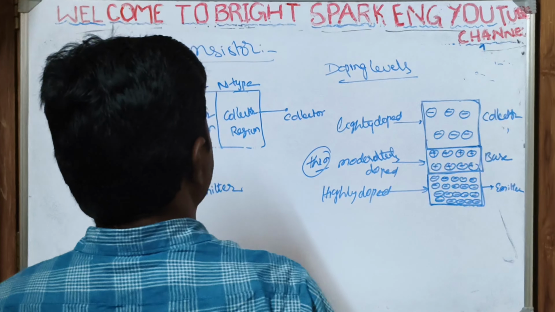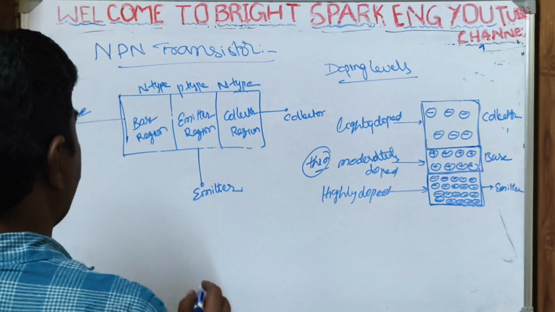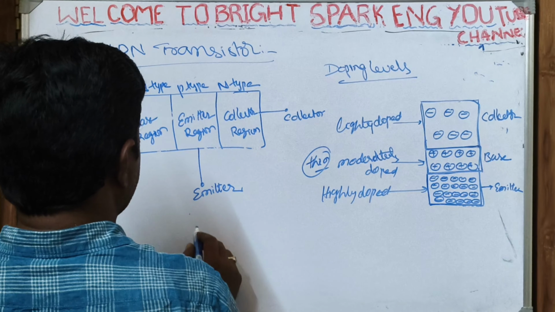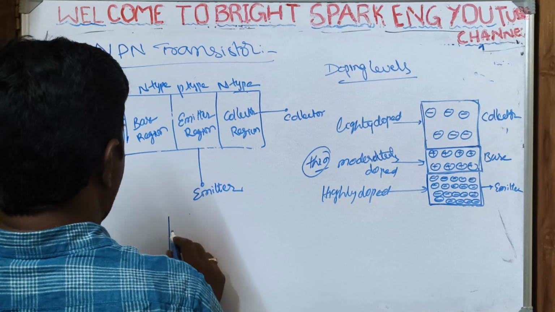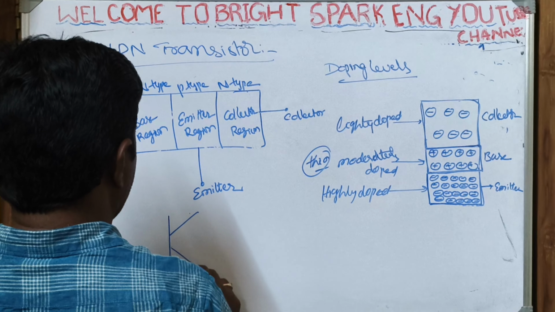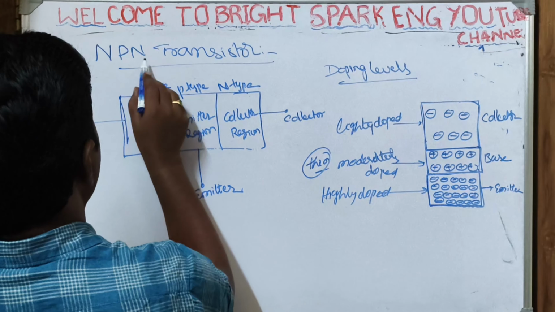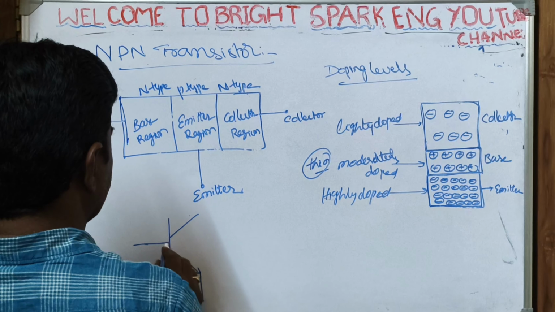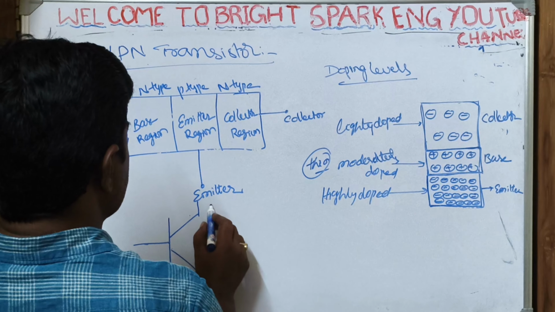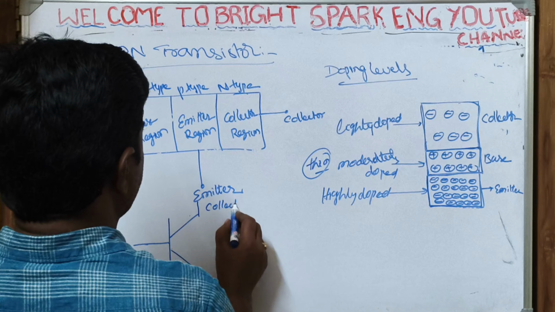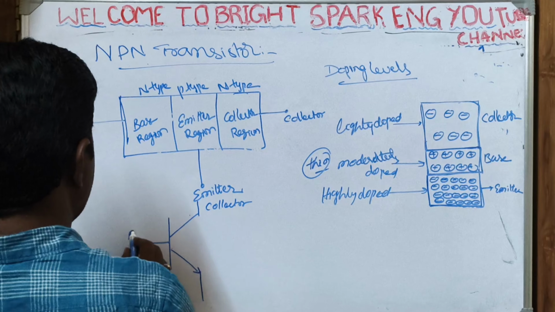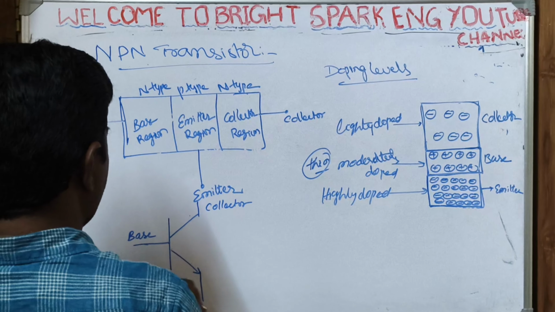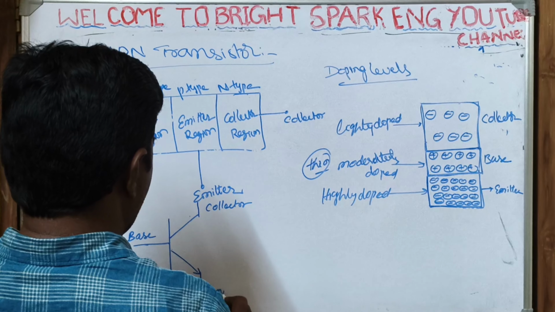Okay, this is the symbol of NPN transistor. This is collector, this is base, this is emitter.